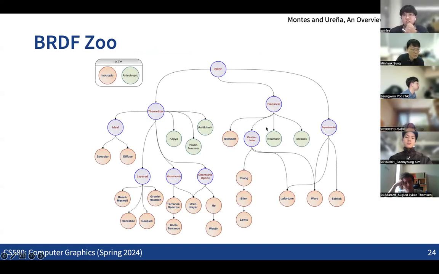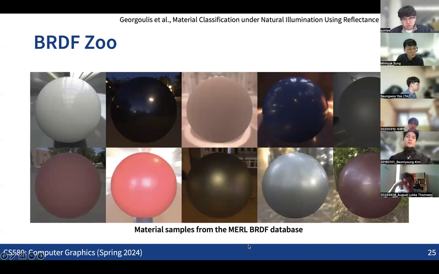One big thing that we did not discuss in our class is how we capture the BRDF from the materials of real objects. There are ways to capture these material properties from real objects.